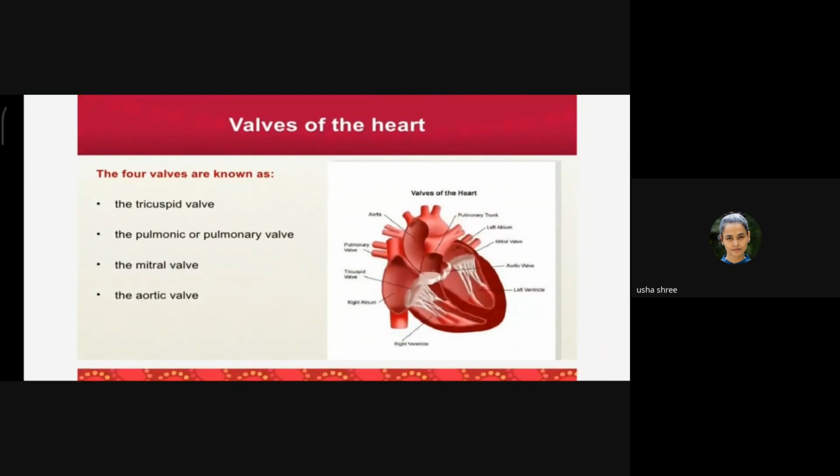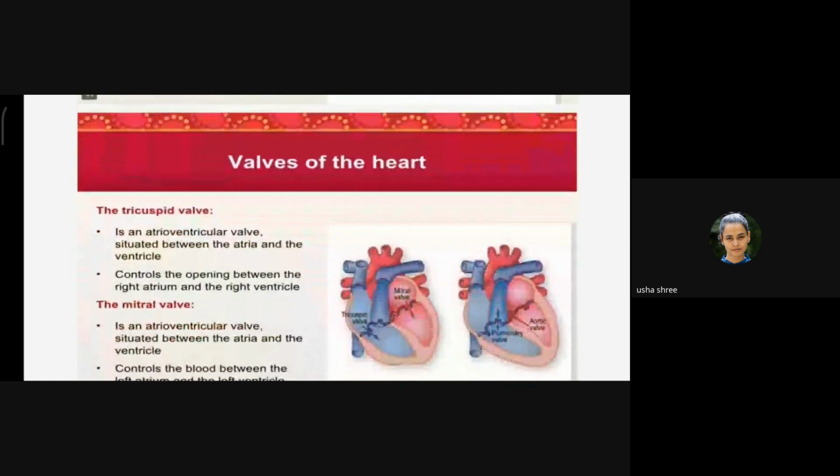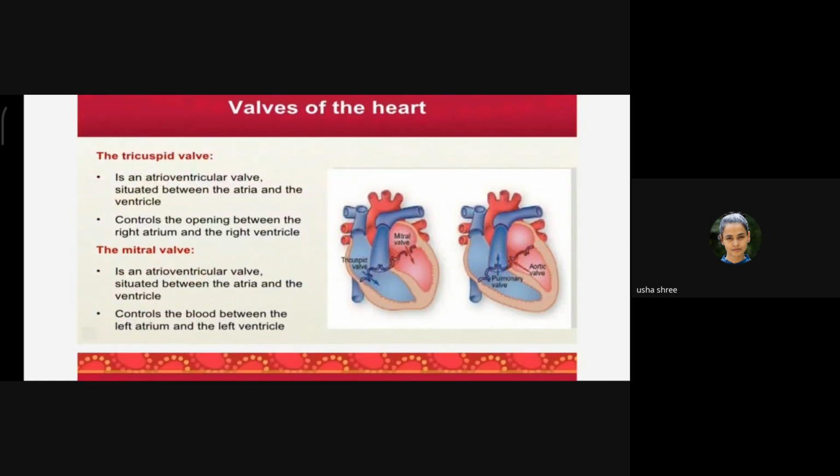Now, four valves are there: tricuspid valve, pulmonic or pulmonary valve, mitral valve, and aortic valve. We have already discussed where these valves are present. Now, in detail, the tricuspid valve is an atrioventricular valve situated between atria and ventricle, controls the opening between right atrium and right ventricle.